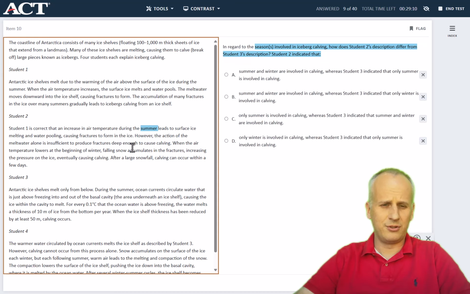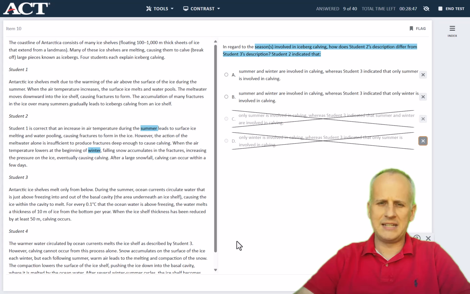So, okay, student 2 believes the summer is relevant. However, the action of the meltwater alone is insufficient to produce fractures deep enough to cause calving when the air temperature lowers at the beginning of winter. Okay, so student 2 believes that it's going to require both summer and winter phenomena. So summer and winter are involved in calving, not only summer nor only winter. So we can eliminate choices C and D for that reason.